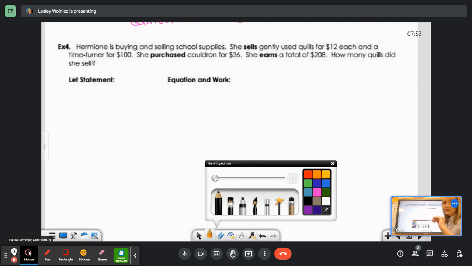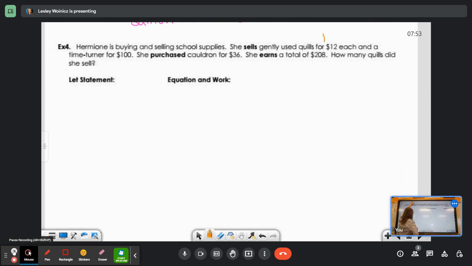Got that straightened out. Okay, so she's selling gently used quills for $12 each. So she's going to make money on the quills. Okay, and then it's each, so that one gets an x. She sells a time turner for $100. So that's also going to be positive. But she's only got one of those, so it's not per time turner.